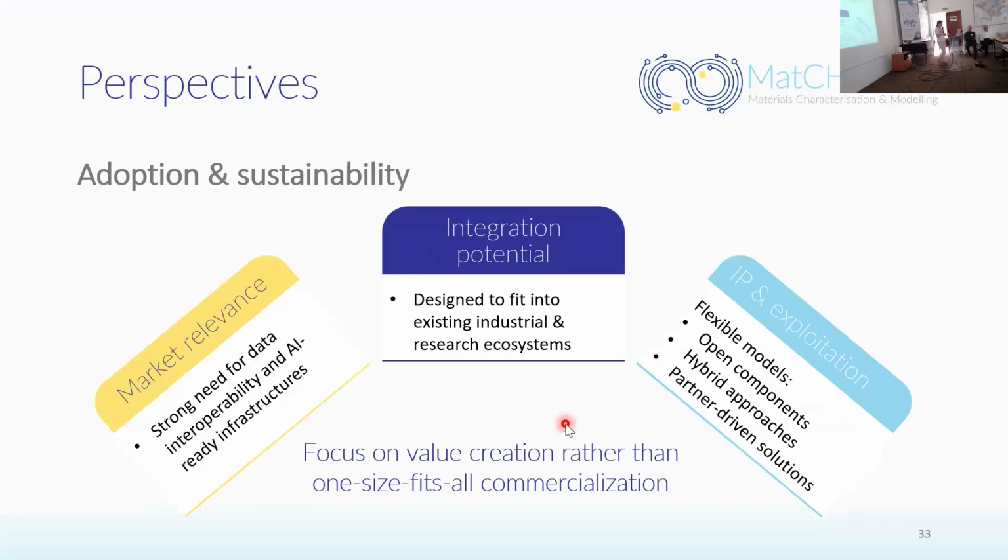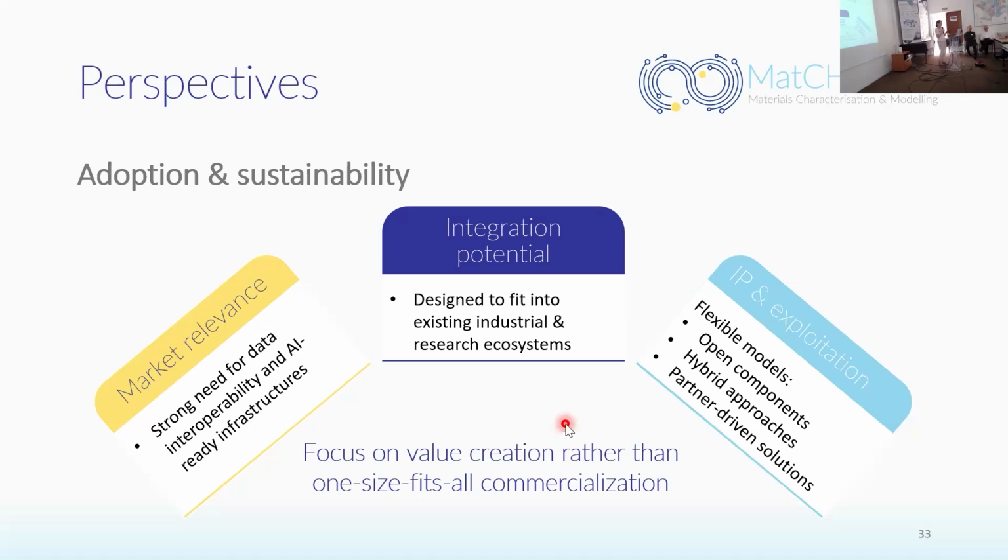What happens next? It is rather clear that there is a need on the market. We generate data every day, and this needs to be connected. MatCHMaker Open Repository is designed to work with things that already exist, with research infrastructures, with industrial systems, and it is also flexible when it comes to exploitation pathways.